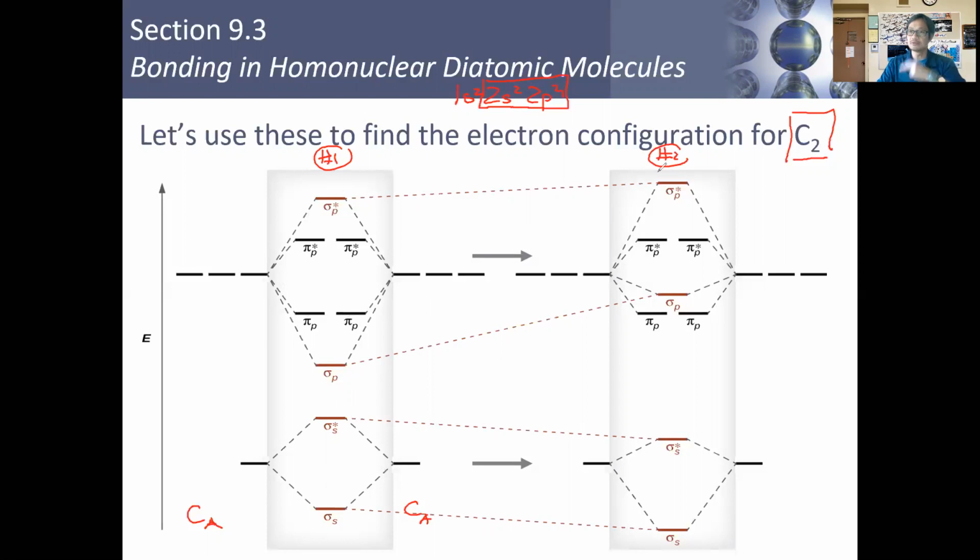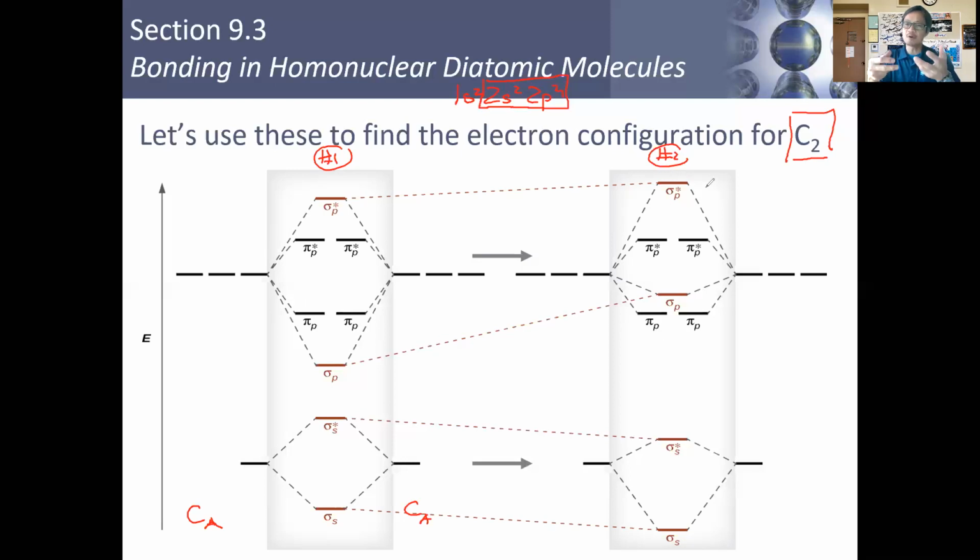Now, there are two possible orderings for these molecular orbitals, and we saw how that happened with diboron. In certain diatomic molecules, the energies of the pi 2p and the sigma 2p flip order, and that's where we get the second possibility here.